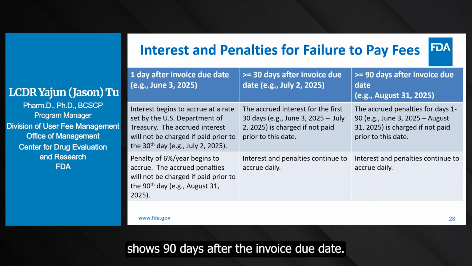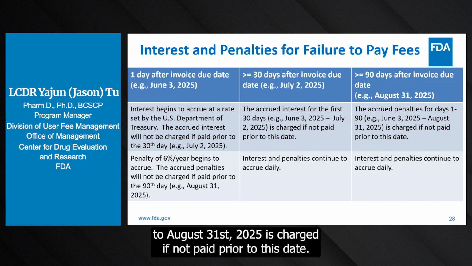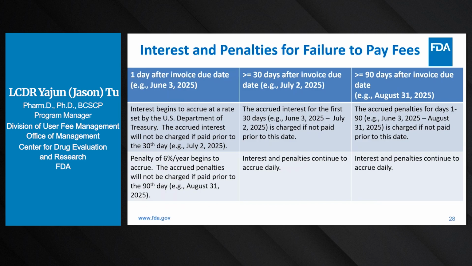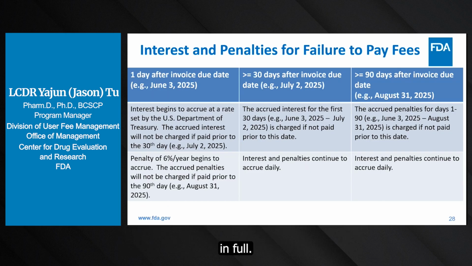The third column shows 90 days after invoice due date, for example, August 31st, 2025. The accrued penalties for days from day 1 to day 90, for example, from June 3rd, 2025 to August 31st, 2025, is charged if not paid prior to this date. Interest and penalties continue to accrue daily until the fees are paid in full.